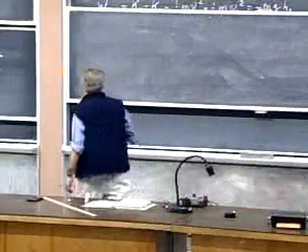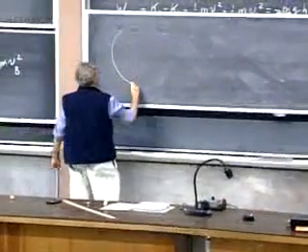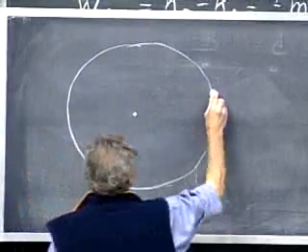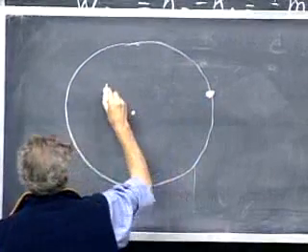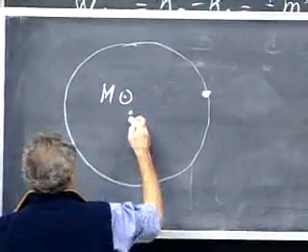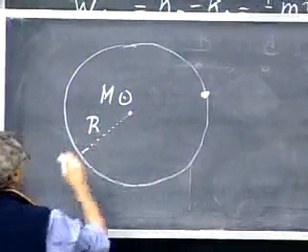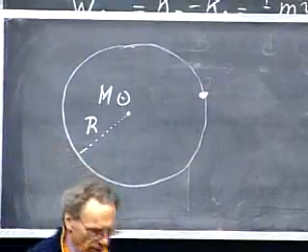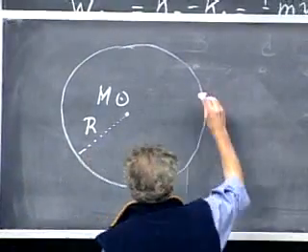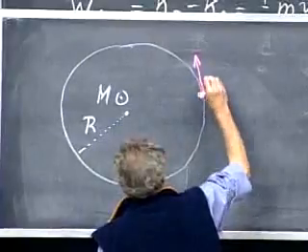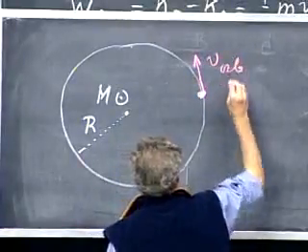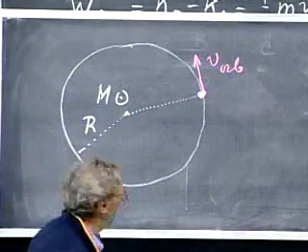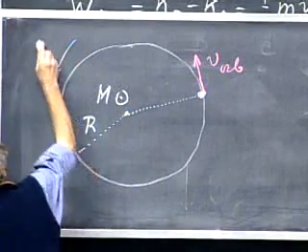Let's take the Earth going around the Sun, and let's approximate the orbit by a circle. So here is the Earth, here is the Sun, mass of the Sun, and the orbital radius is capital R. The Earth has an orbital velocity, I call it v orbital, and the angular velocity is omega.